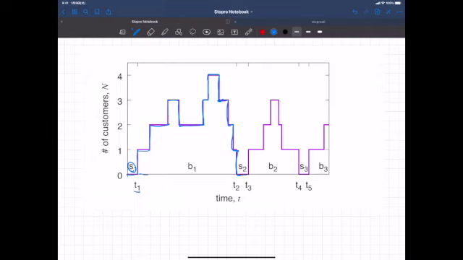Then at time t2, and after some time at time t3, another customer arrives. So the server enters another busy period, and so on. So this is slack period 1, slack period 2, slack period 3, busy period 1, busy period 2, busy period 3, and so on. Now we are interested in the average duration of the busy period.